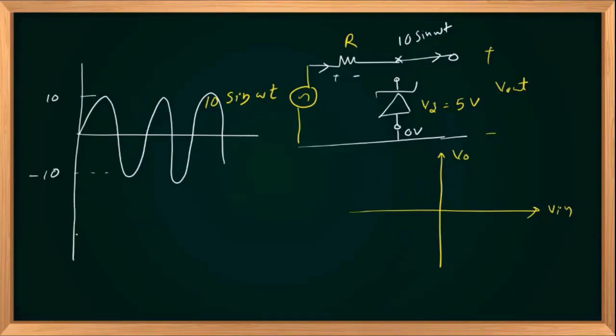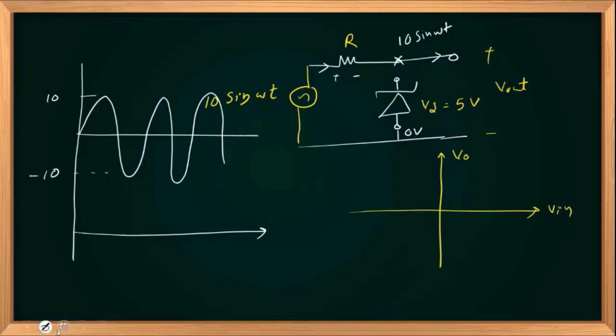While plotting the output, we should replace the diode with a proper equivalent circuit. For that, we should understand the status of the diode. If you open the diode, the potential here is 10 sin omega t. If 10 sin omega t is positive, the diode is reverse biased.